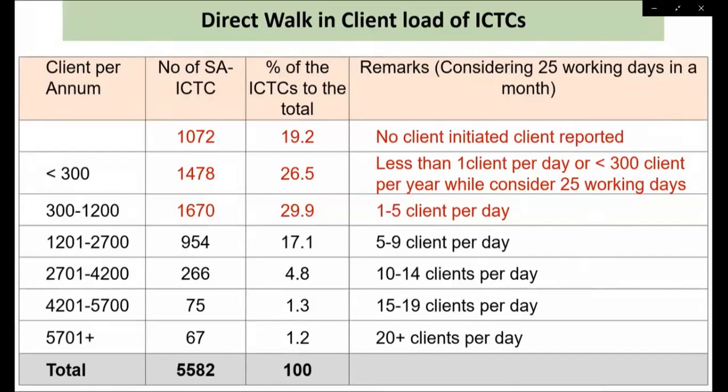We are talking about client-initiated persons, right? So there is a possibility that we could shift the human resources placed in those centers to the high load centers. Now, how do you do it? We leave it to you. We would like to see this in the AAP discussions.